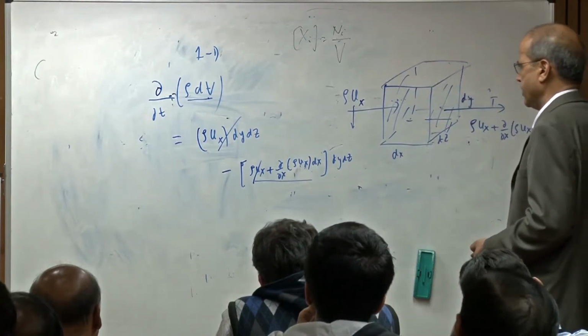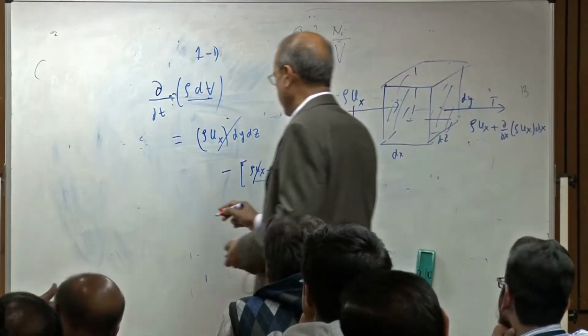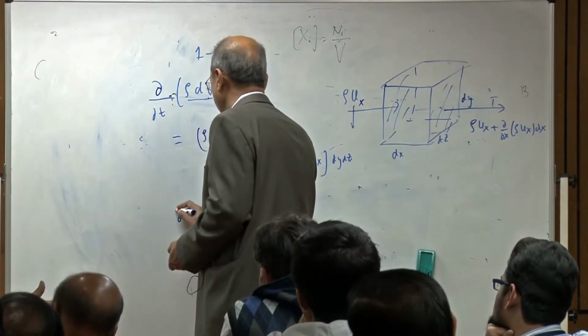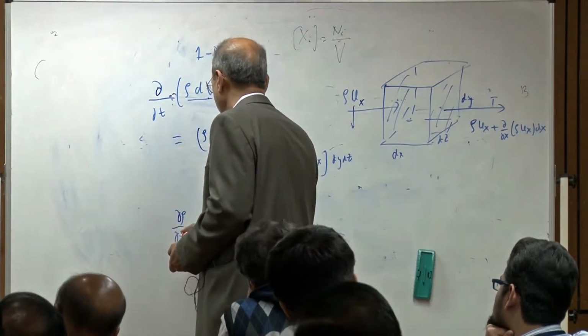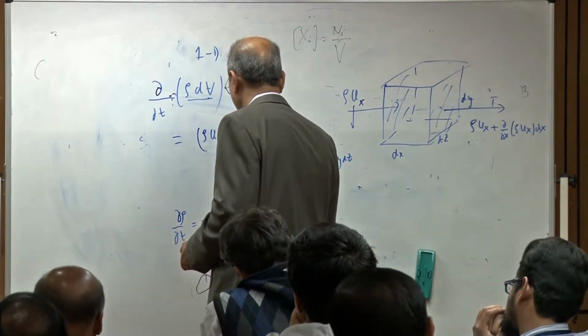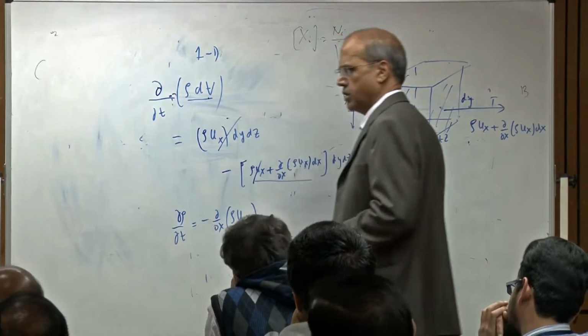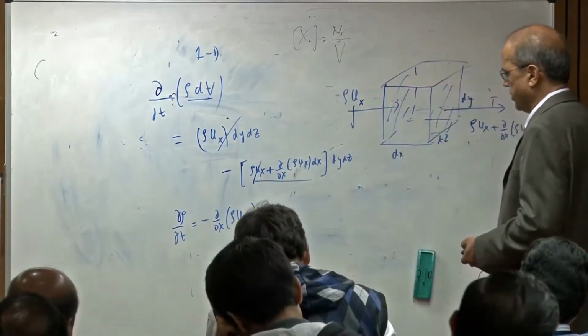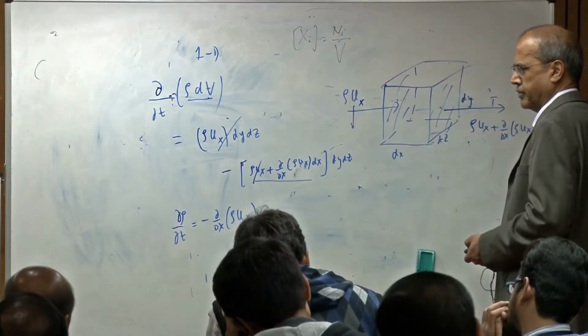In the limit of the volume going to 0, this becomes d rho dt. So that is the mass conservation for one dimensional flow.